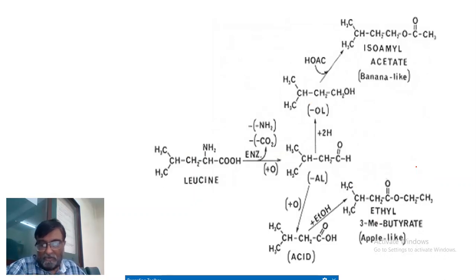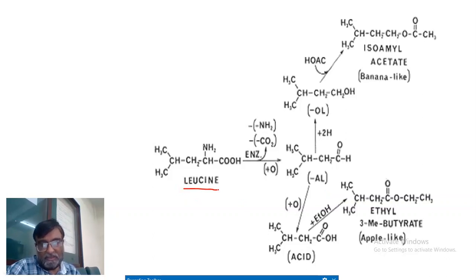Now we will be looking at a very important process of flavor development: one is called the apple flavor and the other is called the banana flavor. Both of these flavors can be generated in the labs as well, from an amino acid. And what is that amino acid? That is leucine. You know, leucine is a branched chain amino acid.